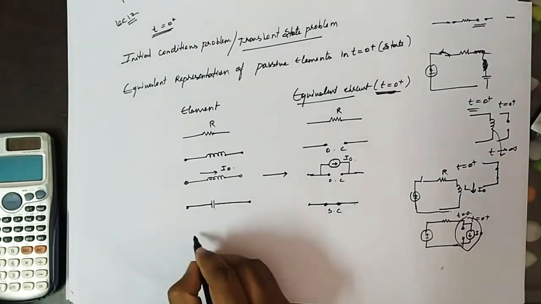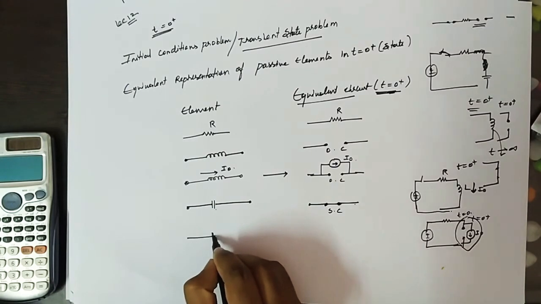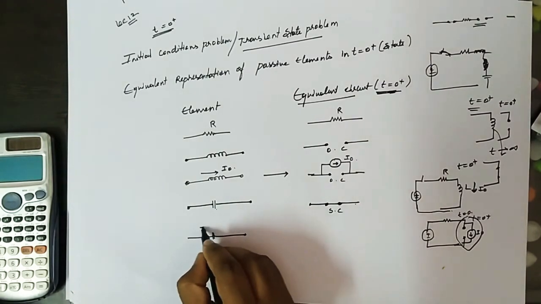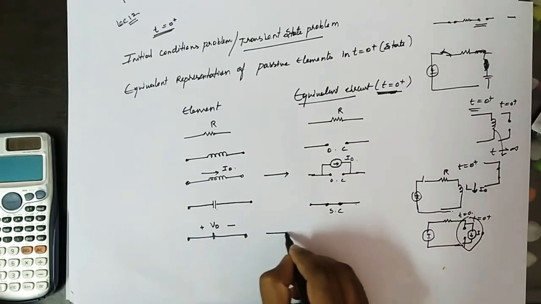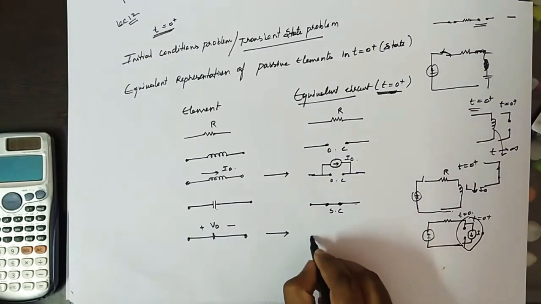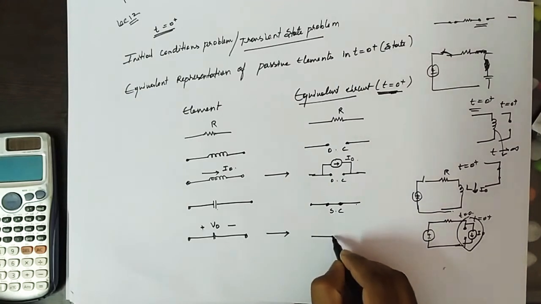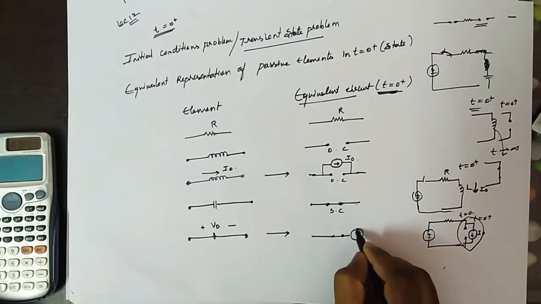If this capacitor has an initial voltage V0, I am keeping the terminals like this, then it will be represented with a short circuit in series with a voltage.